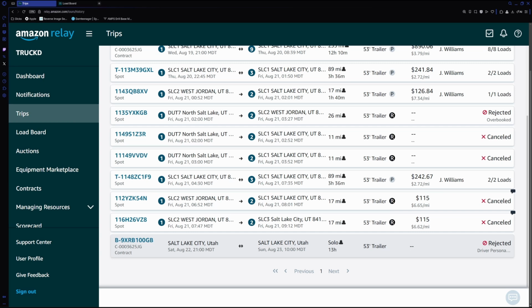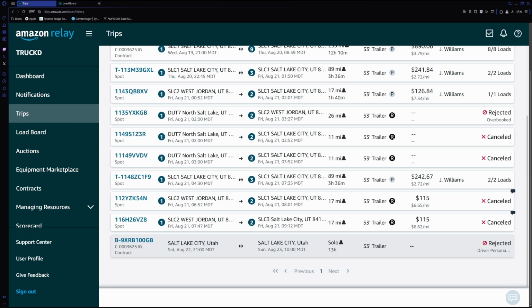But as you can see here, from literally 241.84 down is what we did in the one night. So as you can see, I did that Salt Lake to Salt Lake, that 126 one, and then one load got rejected because I rejected it, and then the two North Salt Lake ones that I booked got canceled, and then, you know, everything else you can see.